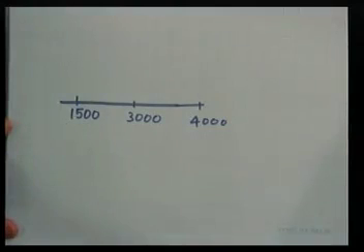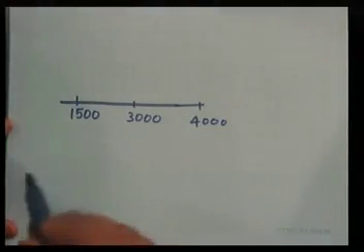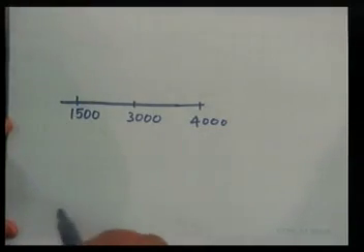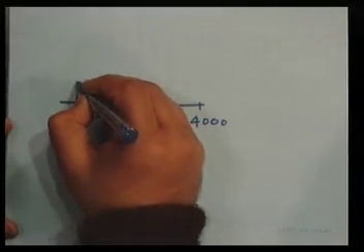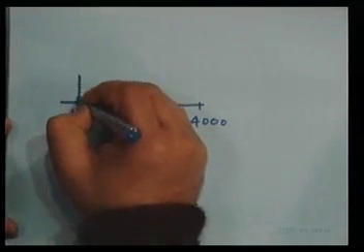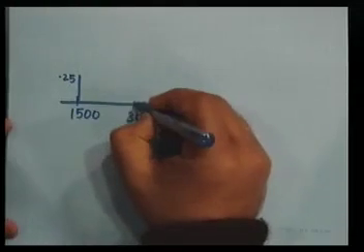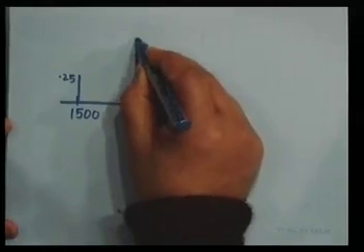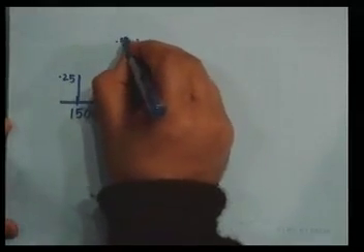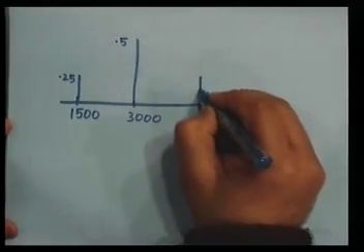The associated probability values corresponding to these cash flows or these returns I am also trying to plot. For example, this is 0.25. So, if this is 0.25, for this it is 0.5. And finally, for this it is 0.25.